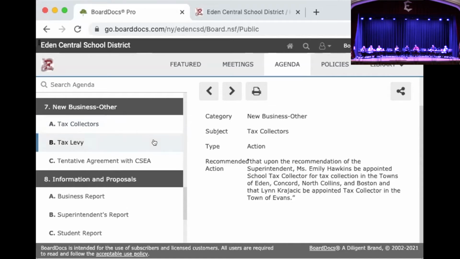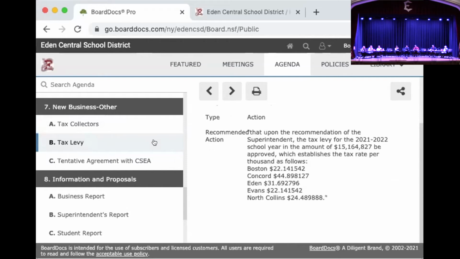Motion carried. That upon the recommendation of the superintendent, the tax levy for the 2021-2022 school year in the amount of $15,164,827 be approved, which establishes the tax rate per thousand as follows. Boston, $22.141542.